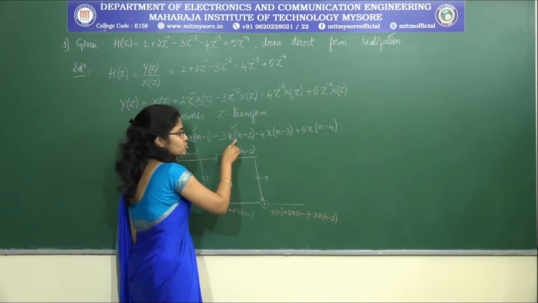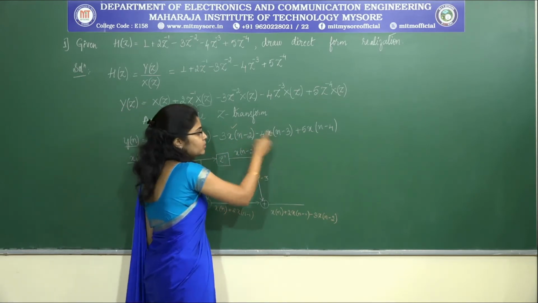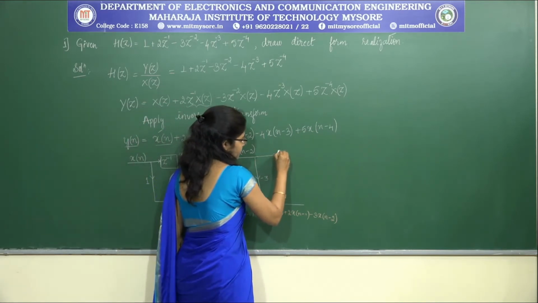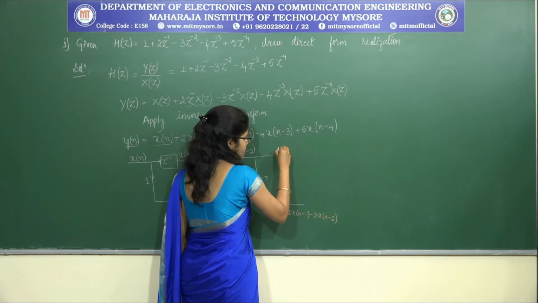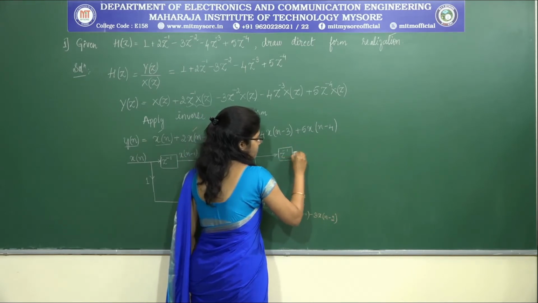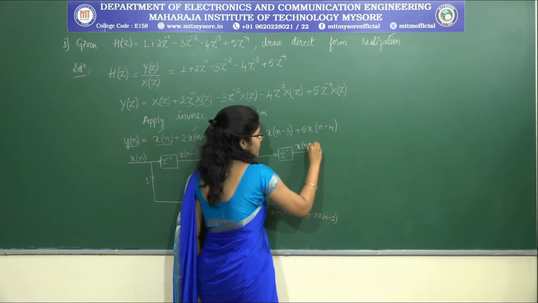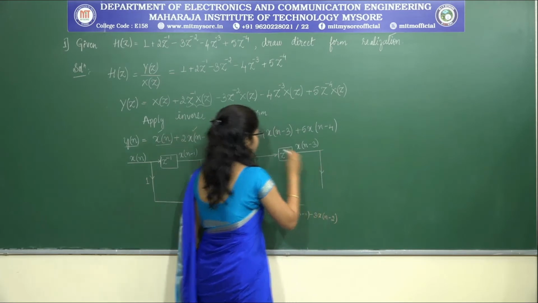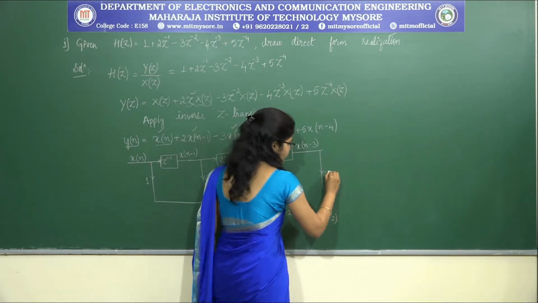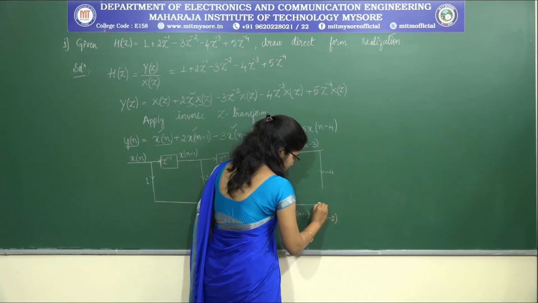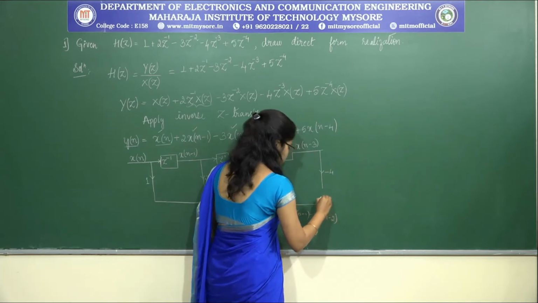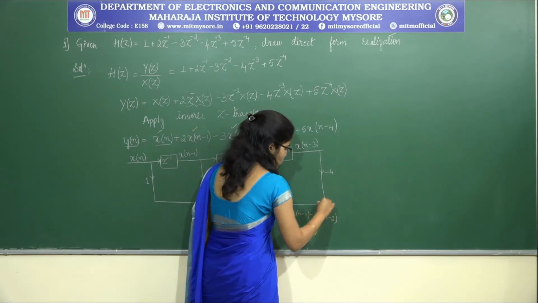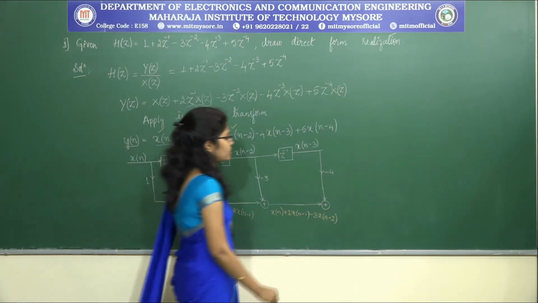Now x(n minus 2) should be delayed once in order to get x(n minus 3). So delay this once, which gives us x(n minus 3). This has to be multiplied with minus 4, and the previous summing point output should be given to the summing point along with this.